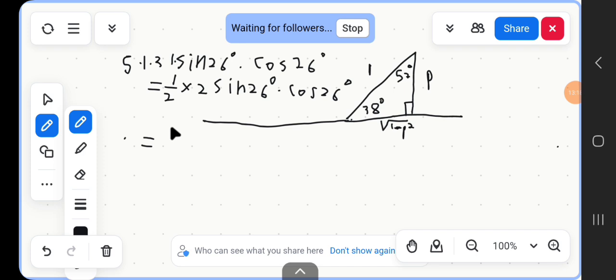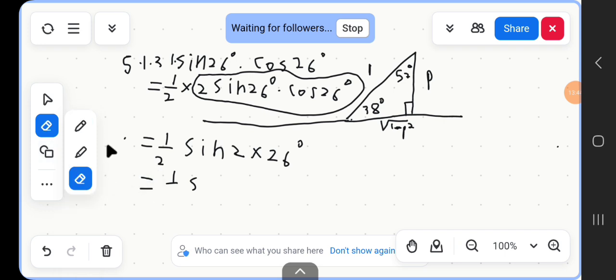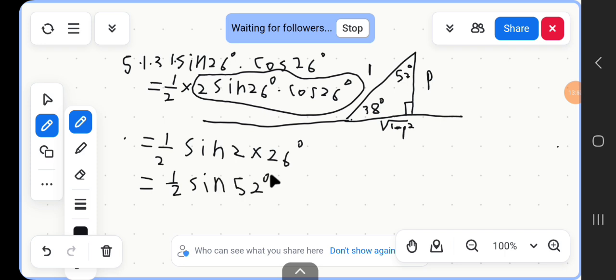Now this whole part is a double angle of a sine, so we can reduce this and say 1 over 2 sine 2 times 26. Sine 2 times 26 is 52 degrees. Now we've gone back to our 52 degrees.